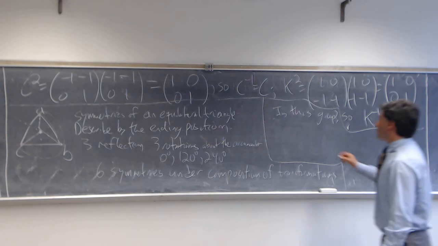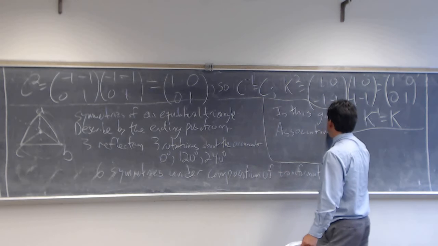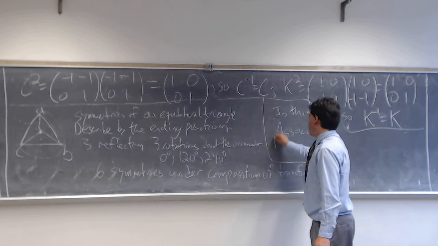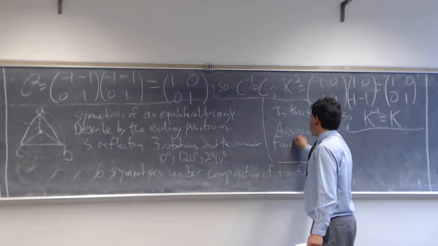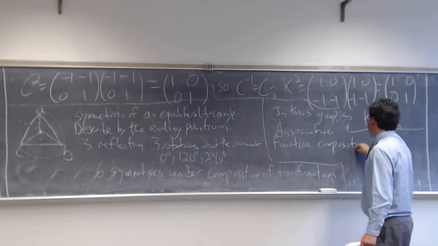So first of all, is it associative? If you think of a transformation, that's really a function composition. And as I mentioned in the note, function composition is by its very nature associative.